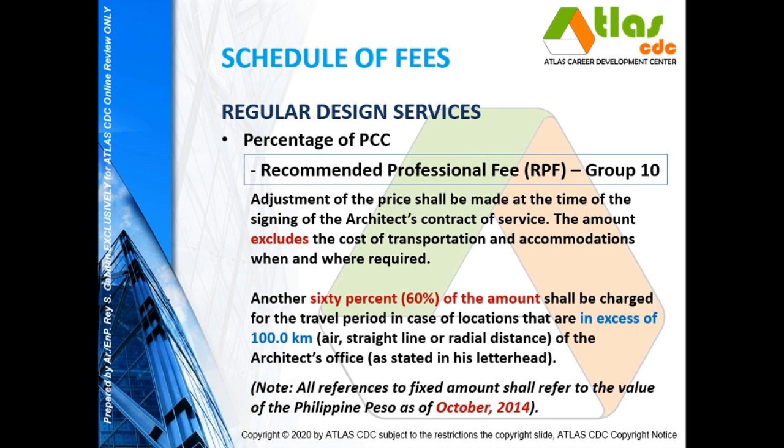Now take note that yung 1,000 pesos na yon and the 5,000 pesos, the reference value is the Philippine peso as of October 2014. So you have to adjust now the value of the peso to 2020 by just adding 5% every year. You can use 5% because that is the average so far of the inflation rate in the Philippines.